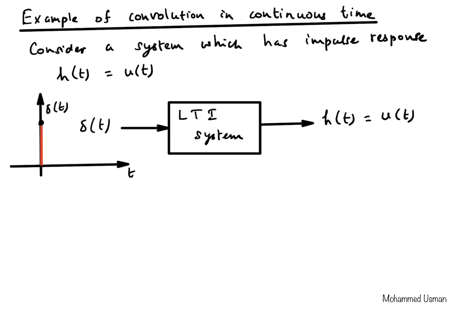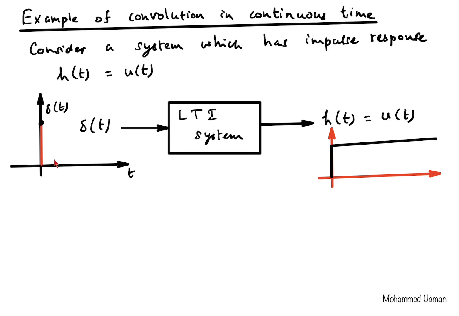That means the output of the system when the input is a unit impulse is going to be something like this. So the output is a unit step. Okay, that's what this relationship means.